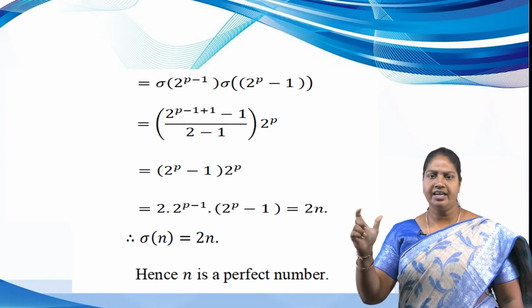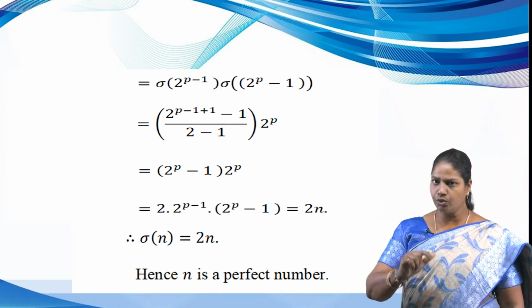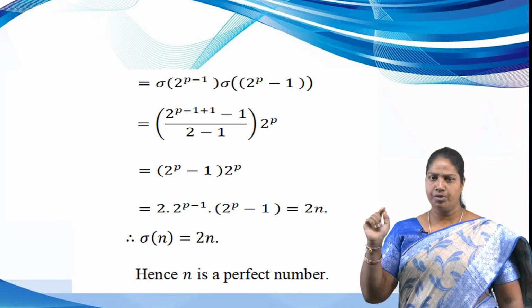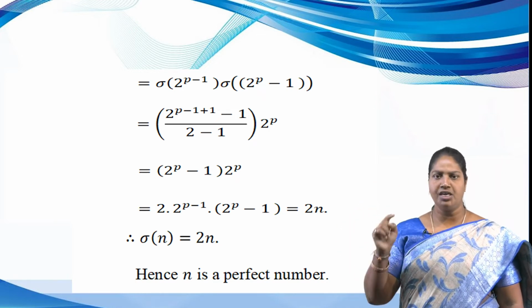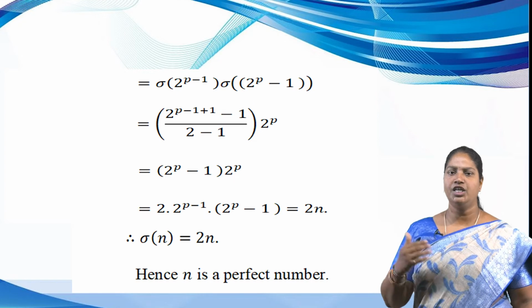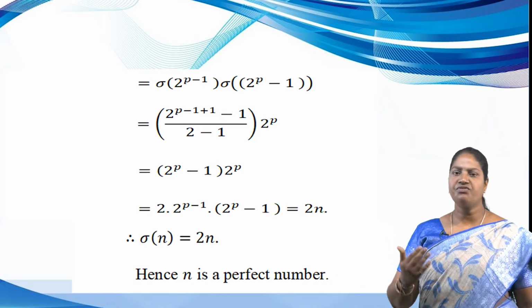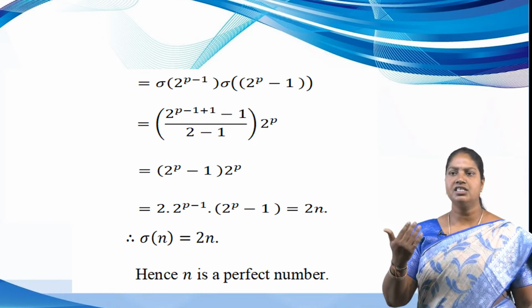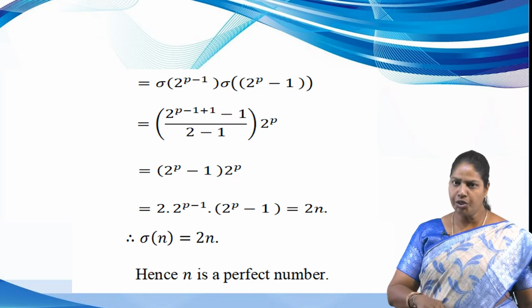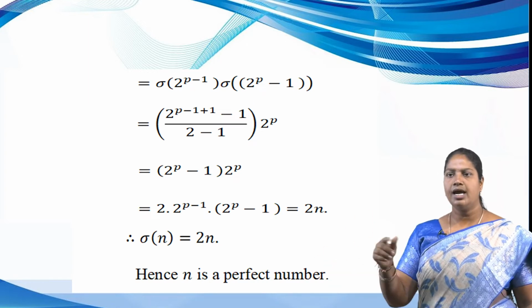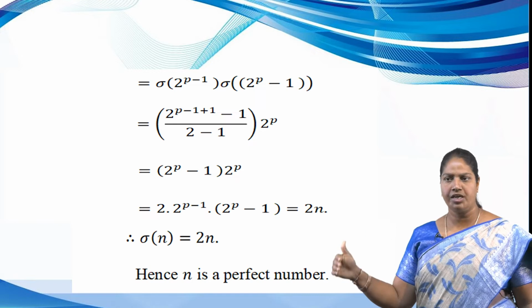Now let me write the 2 power p as 2 into 2 power p minus 1, because we know that a power mn is nothing but a power m into a power n. So using this fact, we can rewrite this 2 power p as 2 into 2 power p minus 1, and the next term 2 power p the whole minus 1.